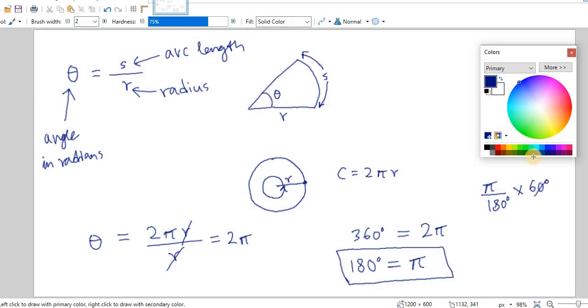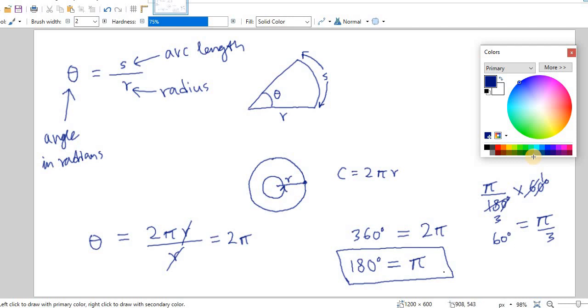So you can cancel the unit and also divide both by 10. So the zeros cancel, degree cancels. Then we have 6 into 1 and 6 into 3. So this will be pi over 3. So what we just found is that 60 degrees is equal to pi over 3 radians.